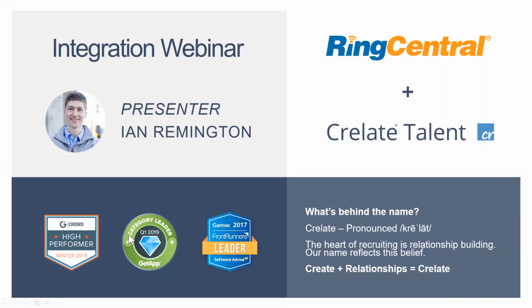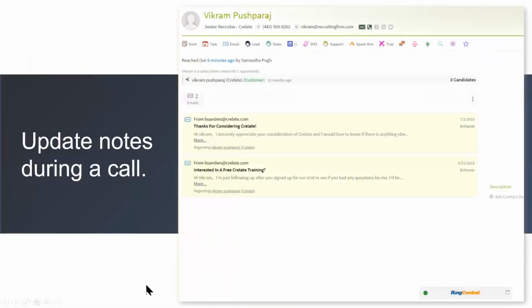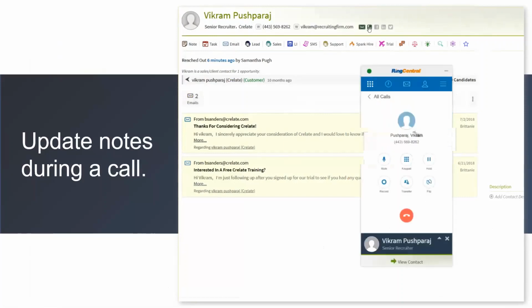If I move over to the next slide, this gives a brief depiction of what this looks like in Crelate. You have your click-to-dial option there. Just by selecting the phone icon, it will launch our RingCentral extension and automatically place that call. Not only will it place the call, but as the extension is selected, it'll pull that in and log the details of that call as well.